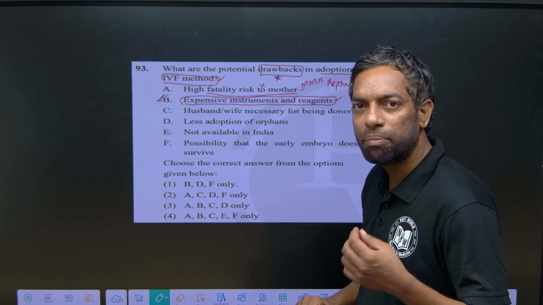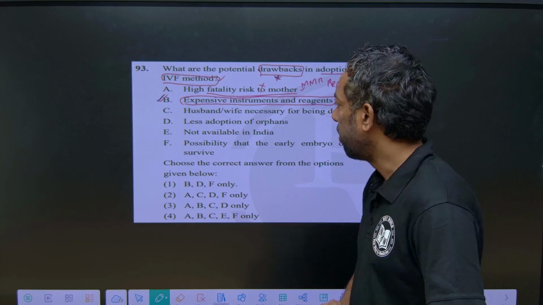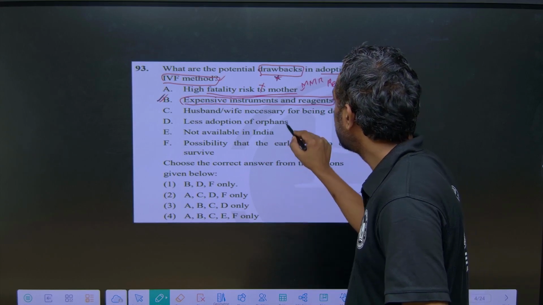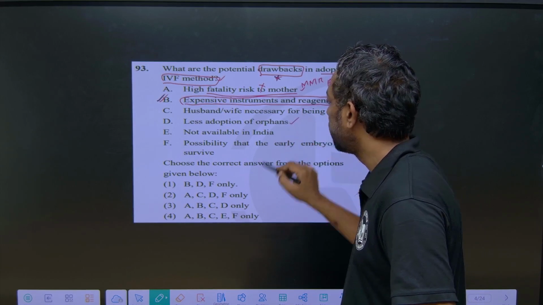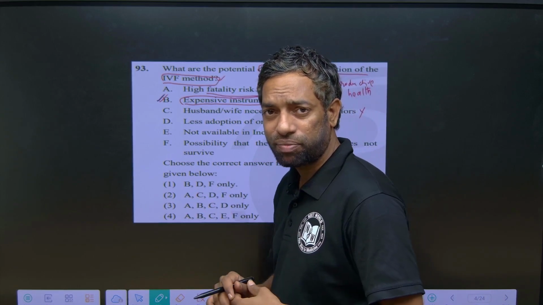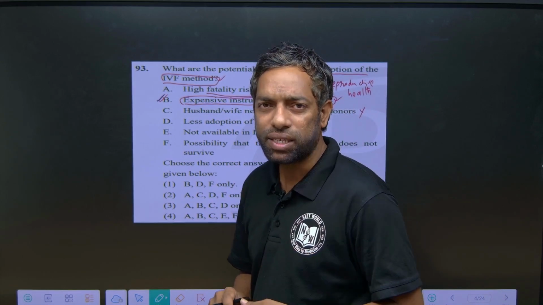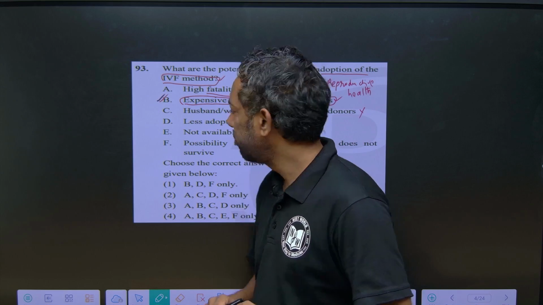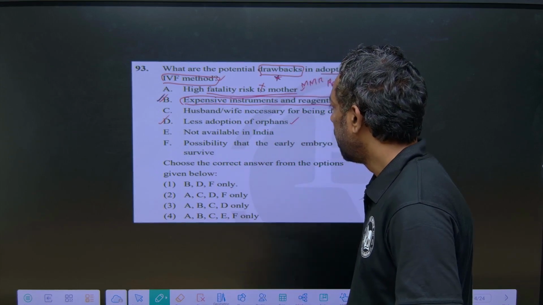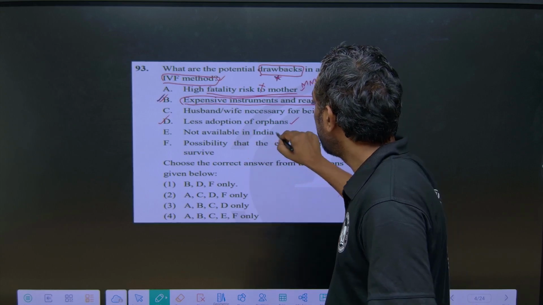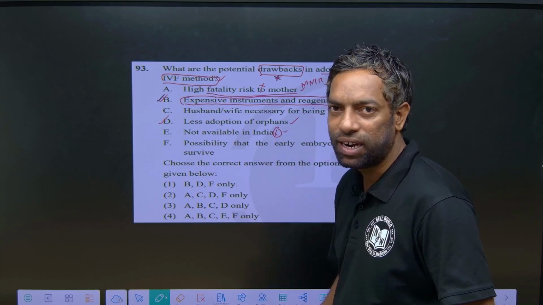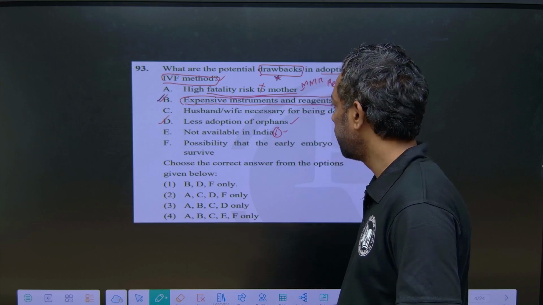Biologically male and female is okay, so that is absolutely eliminated. Less adoption of orphans: of course, if such children originate from this, less adoption is going to take place, so this is also acceptable. Not available in India: you can eliminate this. It is 100% available in India because it is a technology.